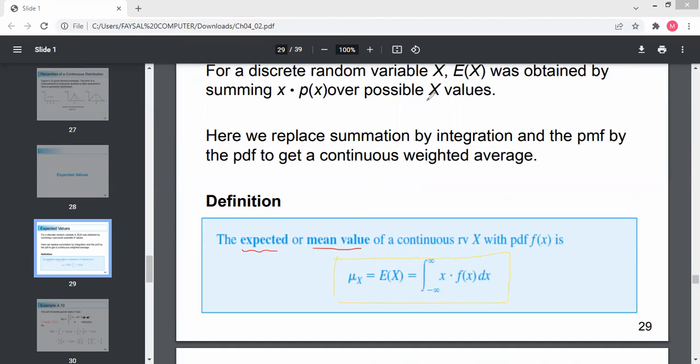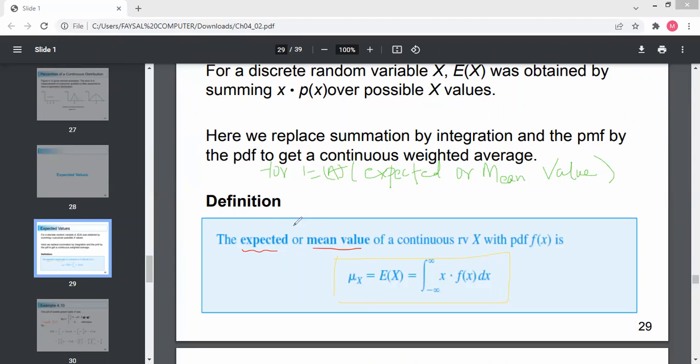I have to write here that E means expected or mean value.